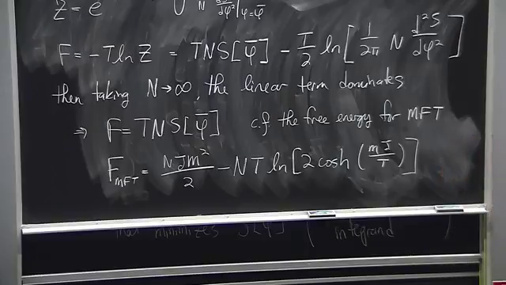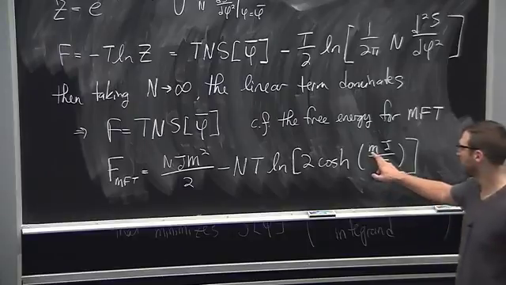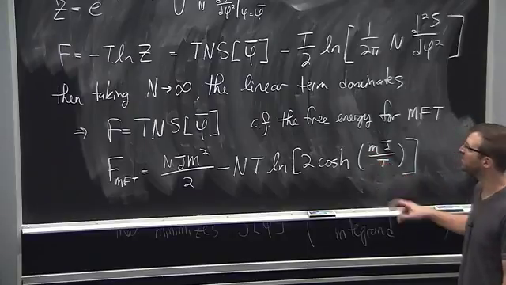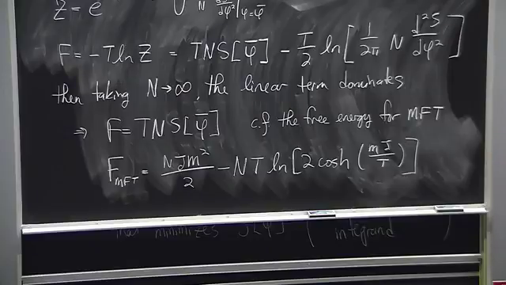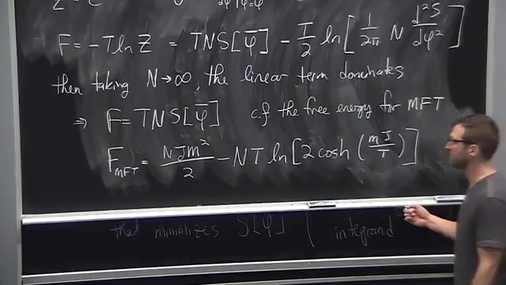And if I wrote the action correctly, then they should be equal. Where's my S? Okay, so you have to identify M, big M, from our expression from a few days ago with phi bar. N T log looks good. Right, so these two are equal.